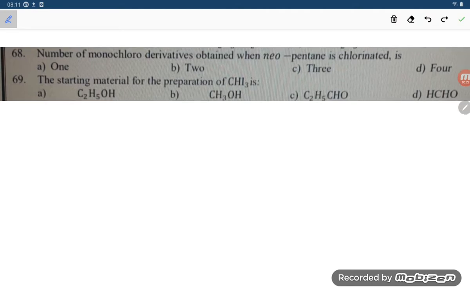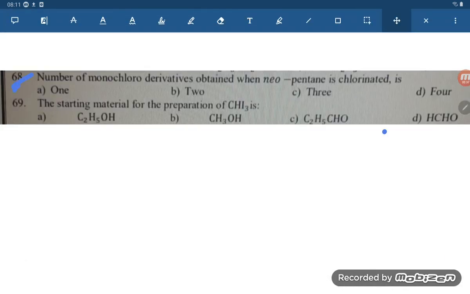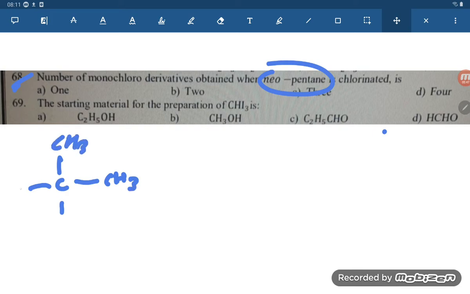Let me check. Here will be the neopentane. What is the structure of neopentane, student? This is neopentane: CH3, this is also CH3, here is CH3 and CH3.